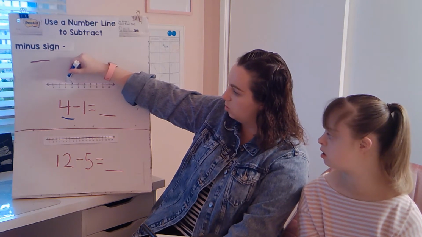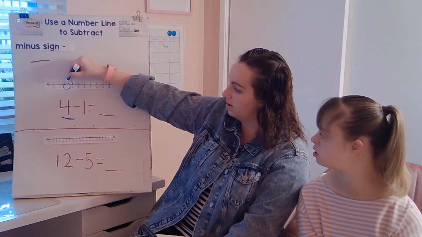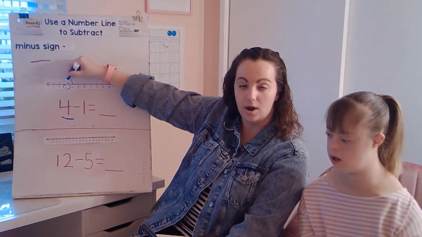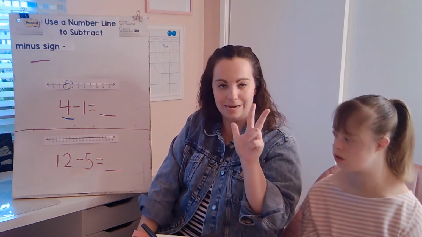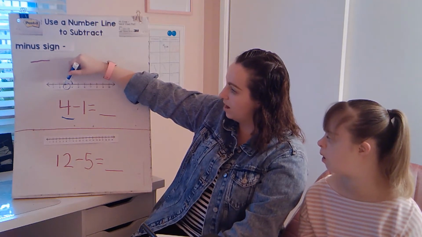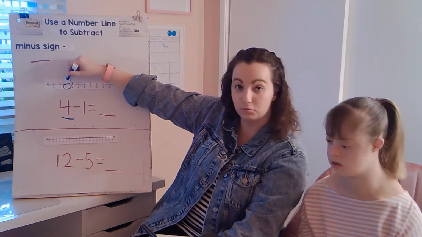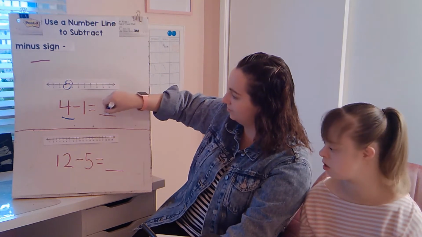So you go 1. What number did I just land on? I landed on number 3. And so that's my answer. I had 4, take away 1 equals 3. Right there. That was just right, my answer.